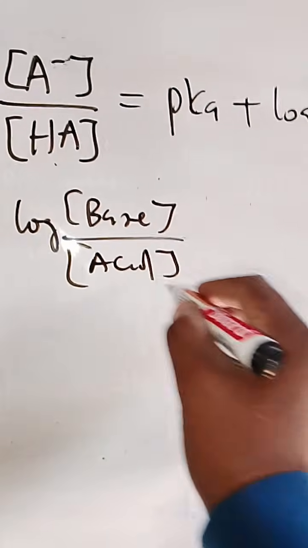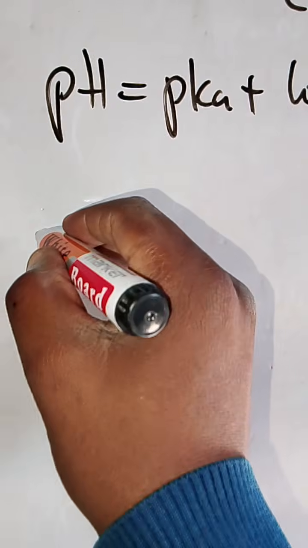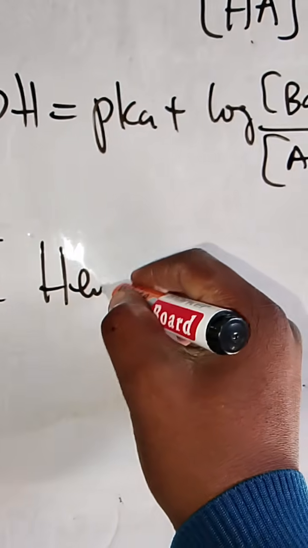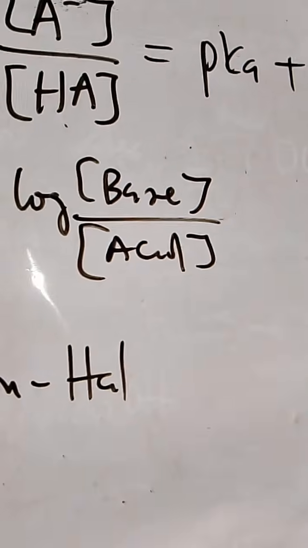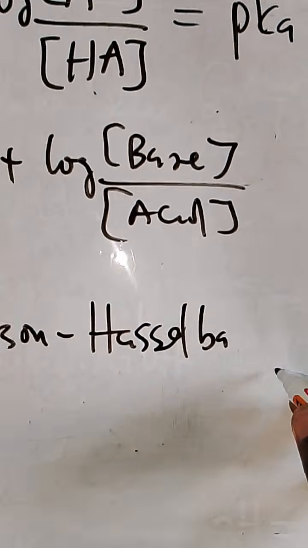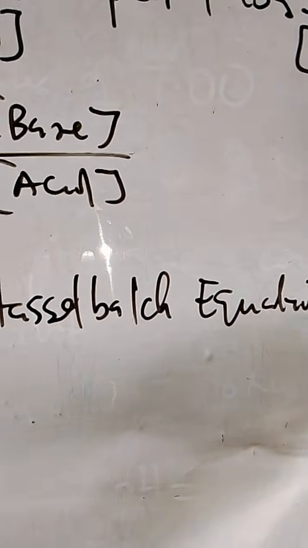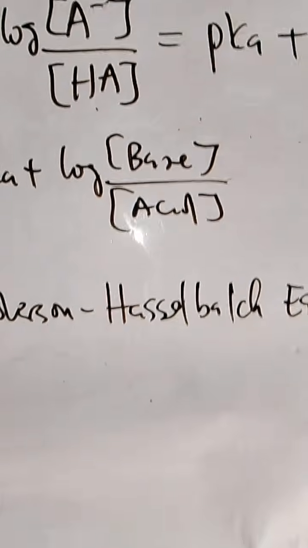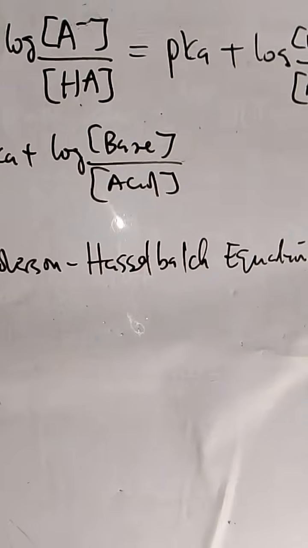This equation is called the Henderson-Hasselbalch equation. So we can use this equation to calculate the pH of a buffered solution.